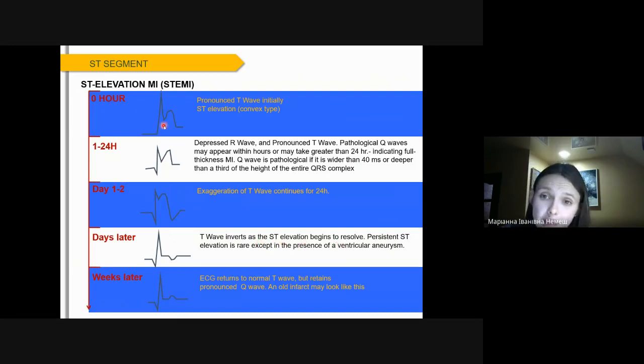You see, the ST will become smaller and the T wave will be inverted. But the Q wave will increase over days, and even weeks later we still have this Q wave, which will stay, but the T wave will return to the normal position.